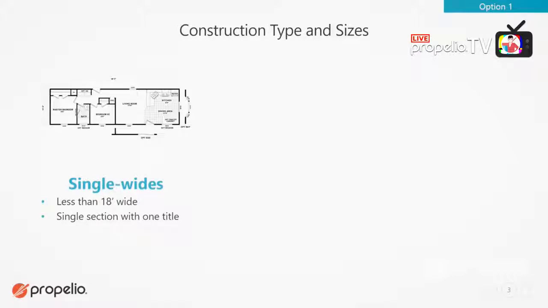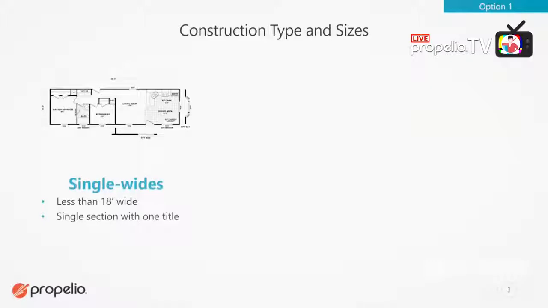I don't want to be quoted on that, but it was called a super long. So single wides can get pretty long. Imagine something that's 15, 16, maybe 18 foot wide and 85, 86 foot long. That's a big single wide home. Single wides have a single section, a single title, a single HUD label, and a HUD plate.